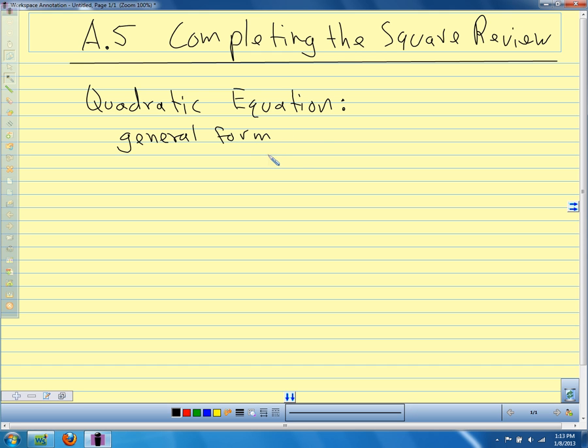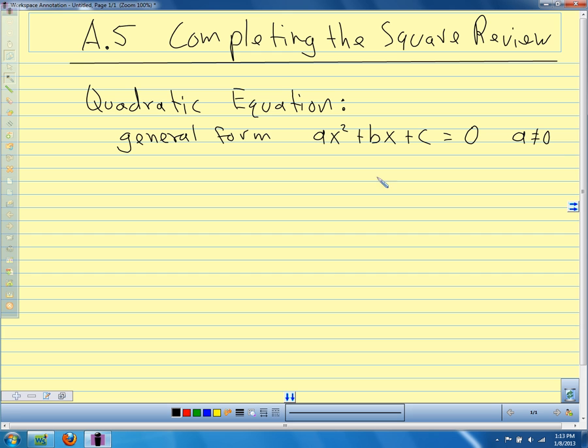And this should look familiar. Ax squared plus bx plus c equals 0. So this is a quadratic equation.